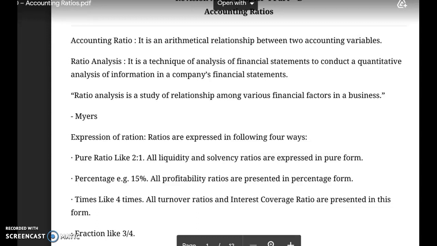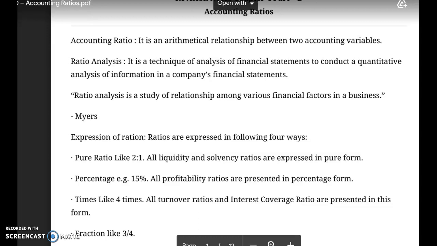Basically, financial statements include all the statements, notes, and schedules which help us understand the financial position of an organization. For example, from the trading profit and loss account, from the balance sheet, from capital accounts, we can understand some basic information relating to the organization.